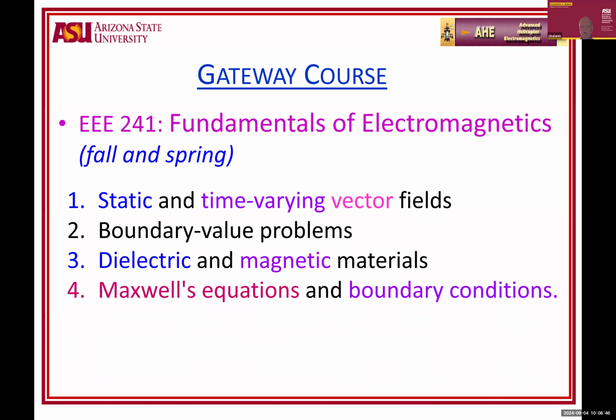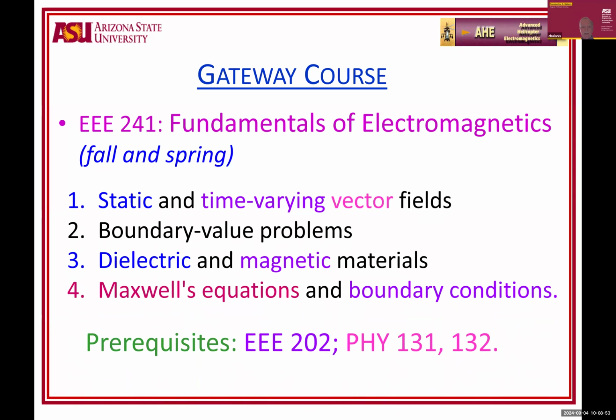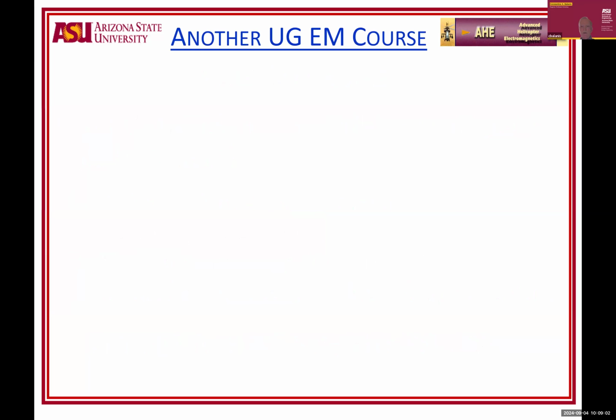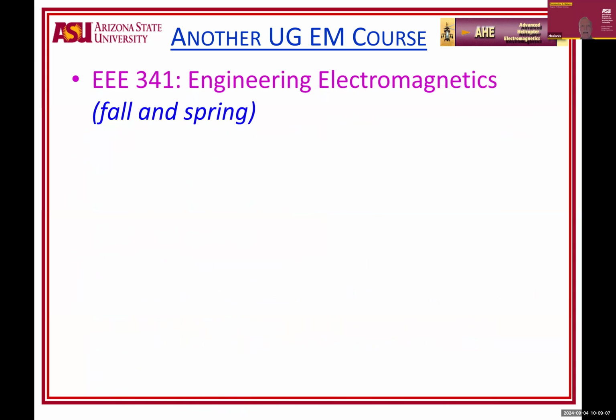Because Maxwell's equations are differential equations, we have to have boundary conditions to solve for the unknowns. To take 241, again, you need to take circuits, 202, physics, 131, and the lab associated with it, 132. Again, there are other courses that those who will primarily specialize take as electives in electromagnetics, which we'll talk about in a few minutes.